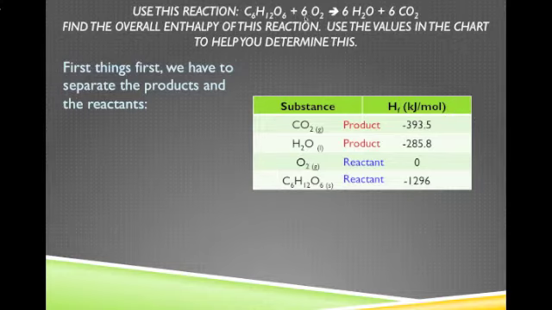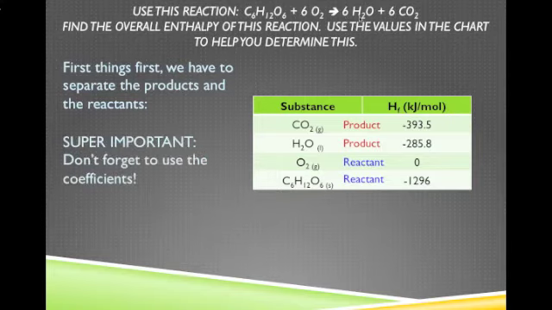These coefficients are important. You have to use them. So for instance, when I'm going to discuss the enthalpy of water, I'm not going to have just 285.8. I'm going to have 6 times that, and 6 CO2s.